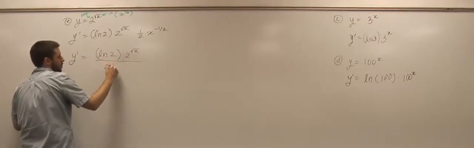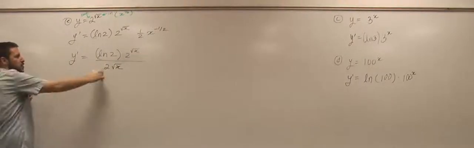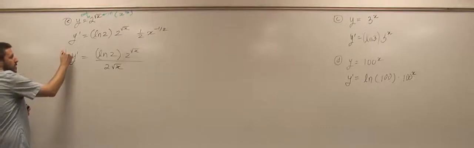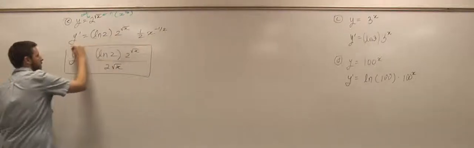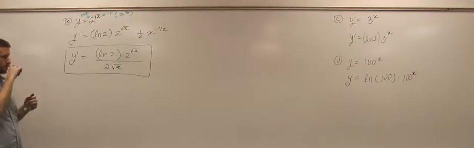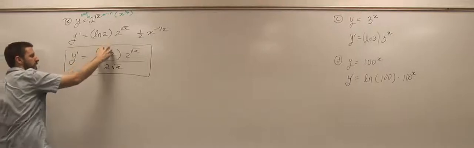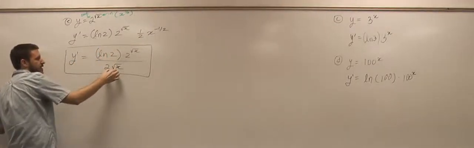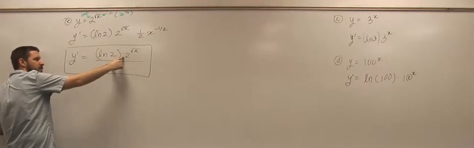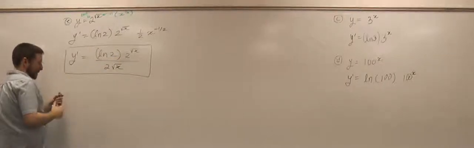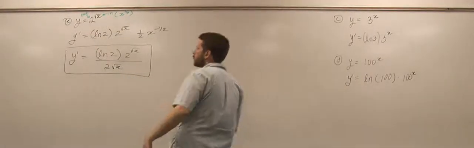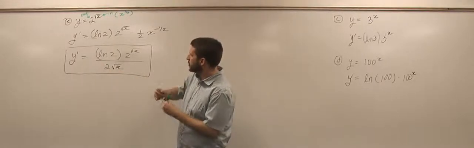Now, the 2 times root x and 2 to the root x are different. Those we can't combine. So this guy is one entity, this guy is one entity, and then these guys are each a factor. You could actually combine the 2's. Do you know how you would combine these 2's here? What exponent is this 2?